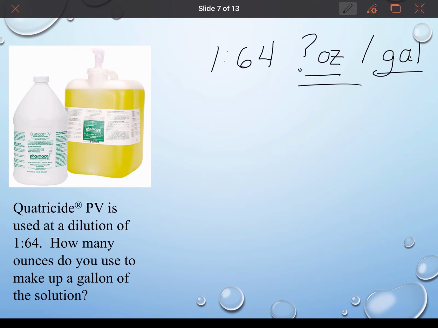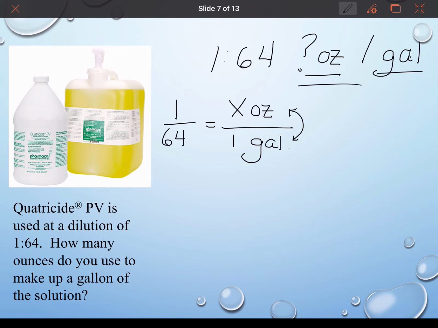Well, the first thing we can do is convert the 1:64 ratio to a fraction here so that we can do a ratio and solve for the unknown. So we want to know how many ounces we're going to add per gallon of water. Well, the first thing we need to do here is get our units the same. So if we're going to try to figure out how many ounces we need, we better convert gallons to ounces. Now, you can do this on your own.